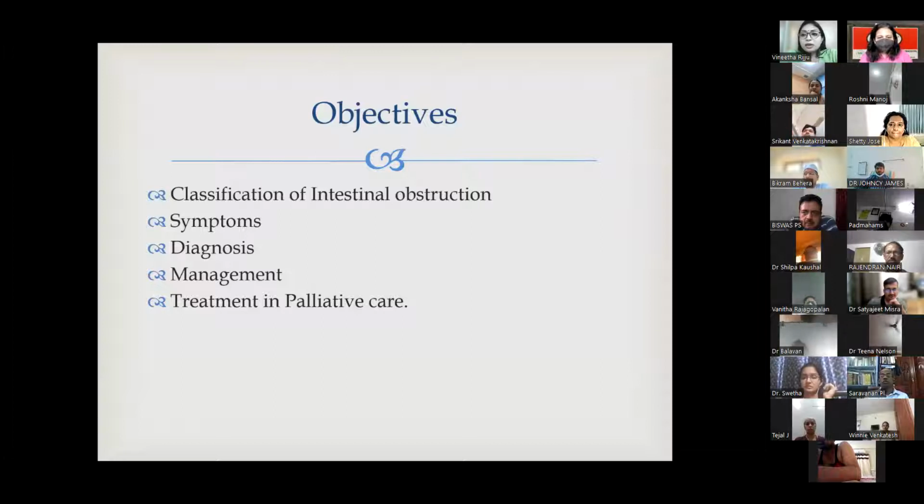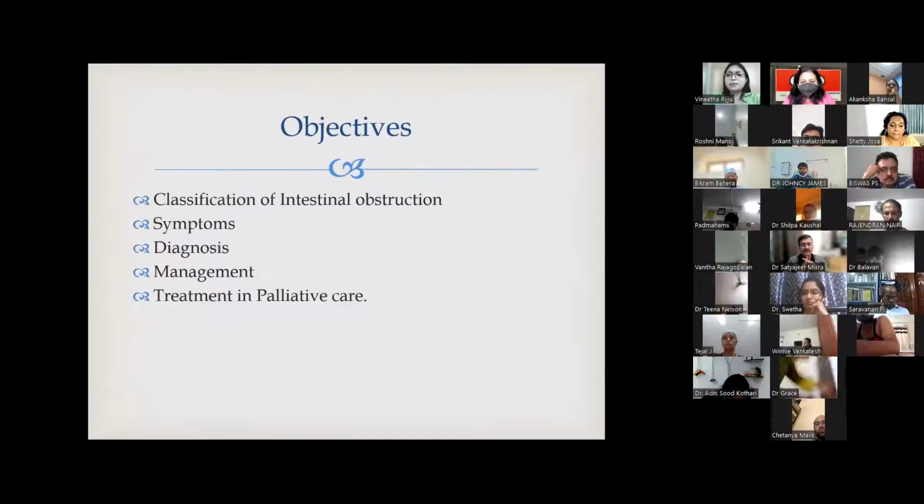So what I intend to take you through is the classification of bowel obstruction and the symptoms, what your patients will be presenting to you with, and how you will come to a diagnosis of bowel obstruction, and how you will manage your patients, and what is the treatment, how is it different in palliative care from what is usually being practiced, especially towards end of life.